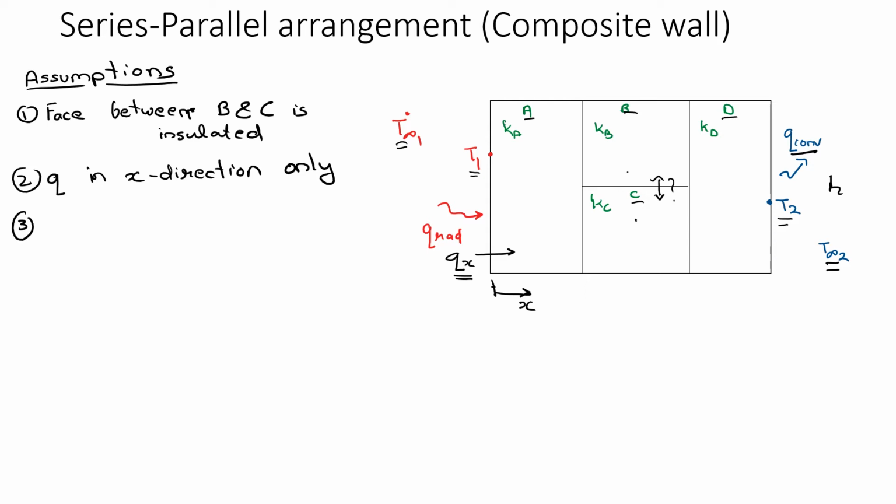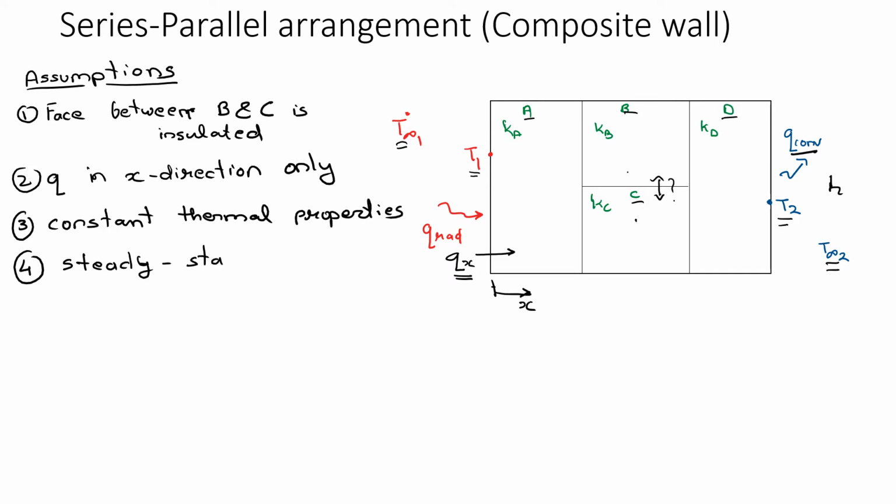So we have constant thermal properties, and our fourth assumption is that the system is in a steady state. So we have steady state conditions, I'm sorry. So these are the four assumptions that we'll have.